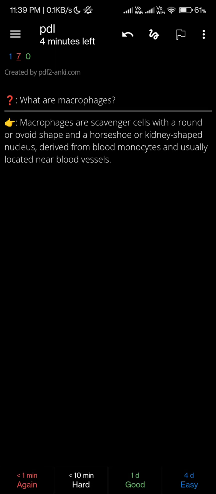What are macrophages? Scavenger cells. They release substances, are involved in antigen presentation, and have a round or ovoid nucleus. They are derived from monocytes from the closest blood vessels.